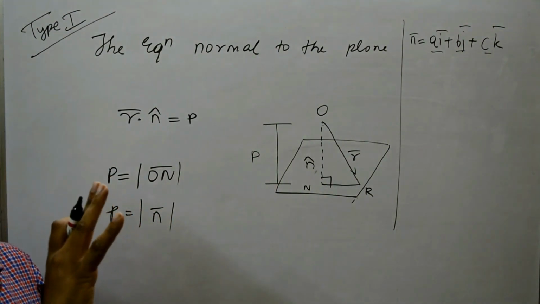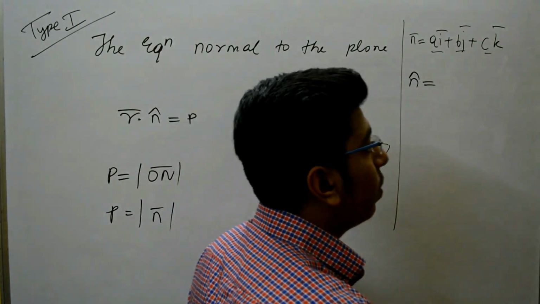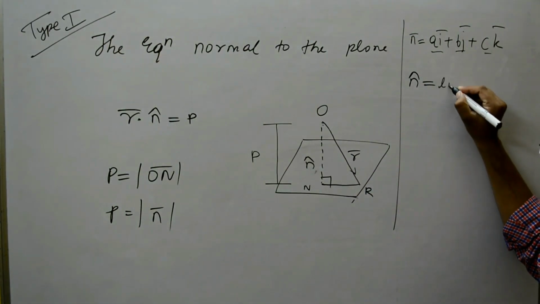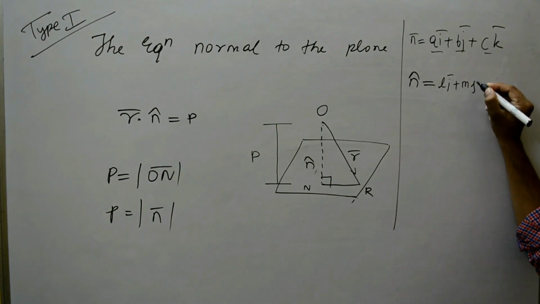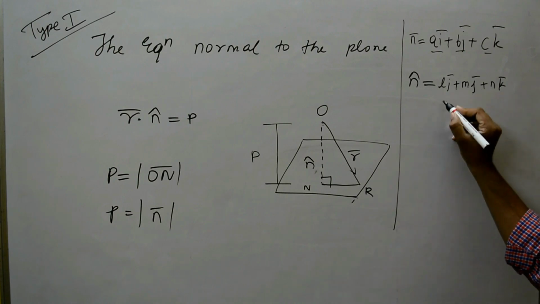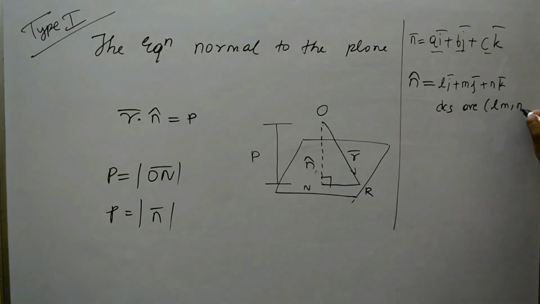The second remark is: if n cap, the unit vector, is equal to li bar plus mj bar plus nk bar, be the unit vector normal to the plane, then its direction cosines are l, m and n.